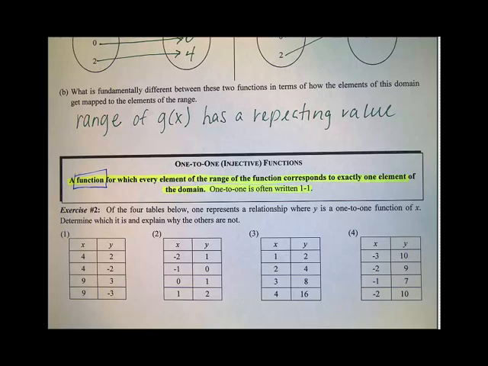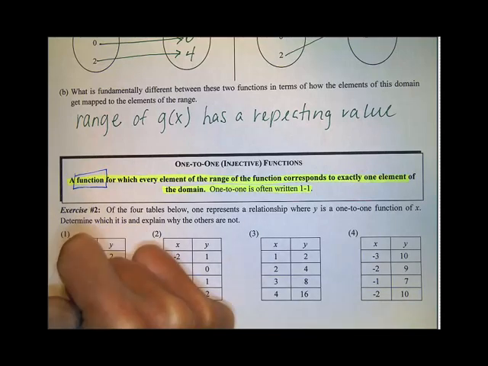So in exercise 2, of the 4 tables below, one represents a relationship where y is one-to-one of x. Determine which it is and explain why the others are not. So if you look at this first one, we know this is not one-to-one because x repeats.